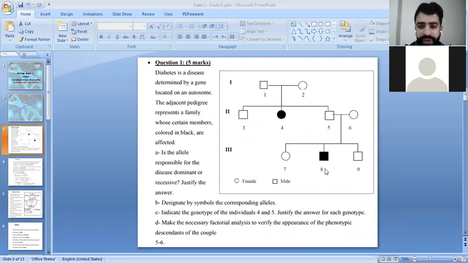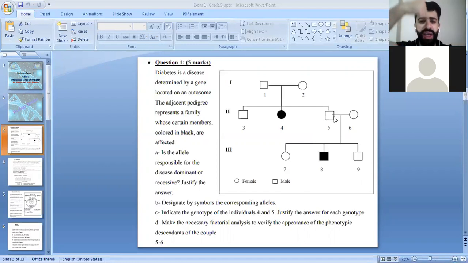Let's move now to 5. Individual 2, 5 is normal. So I'm 100% sure that this individual has the allele coding for the normal appearance, the normal allele, which is N capital.